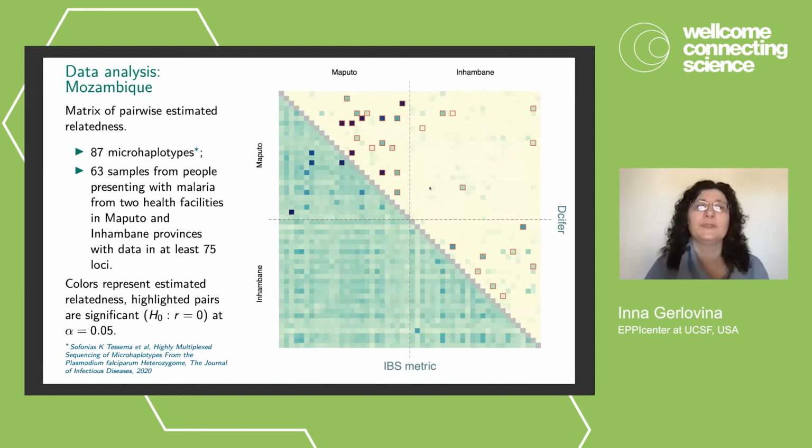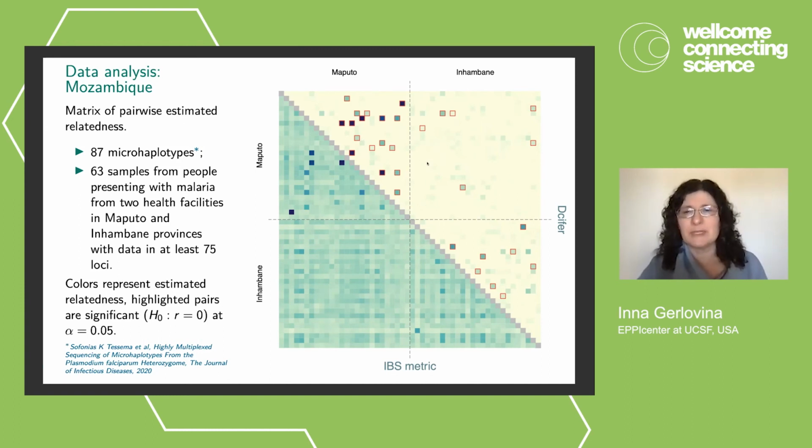And finally, we come to data analysis. In Mozambique, patients from 2 health facilities in Maputo and Inhambane provinces, each square represents a pair of samples. There are 63 samples. The lower left matrix is IBS, and the upper right is Dcifer.